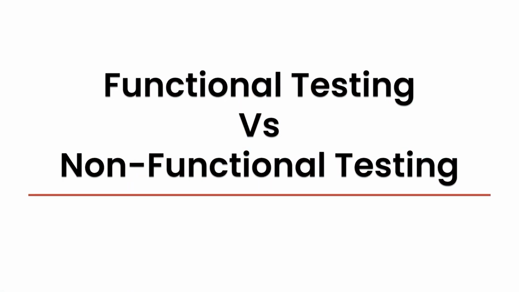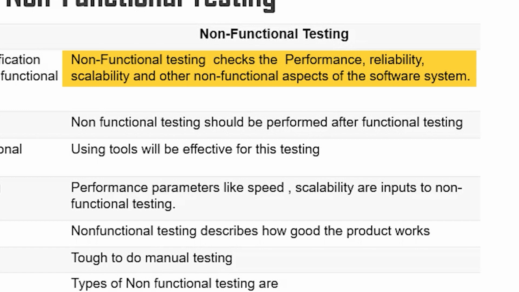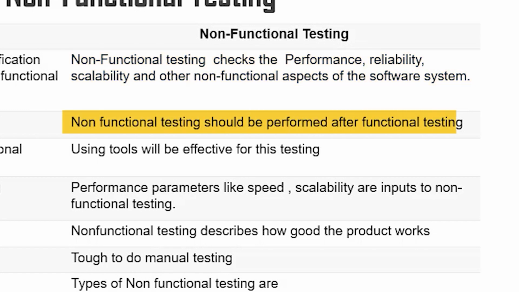If you talk about functional and non-functional testing, we have seen the difference, that there are different pointers for distinguishing them. In the case of non-functional testing, we are actually checking the performance, reliability, scalability, and other aspects. Non-functional testing should be performed after the functional testing.